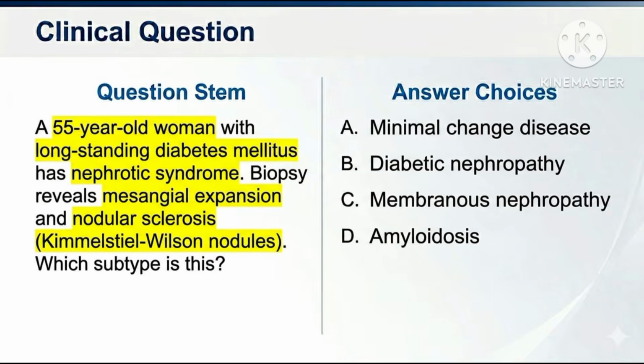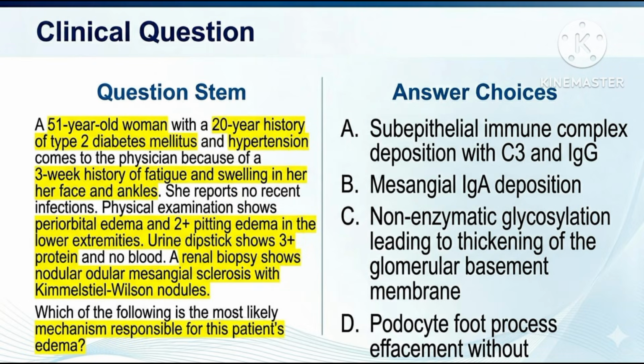Read this question stem. 51-year-old woman, history of diabetes, presents with the history of fatigue and swelling in her face and ankles, with typical features of nephrotic syndrome such as periorbital edema plus pitting edema in lower extremities, proteinuria. Renal biopsy shows nodular mesangial sclerosis with Kimmelstiel-Wilson nodules.